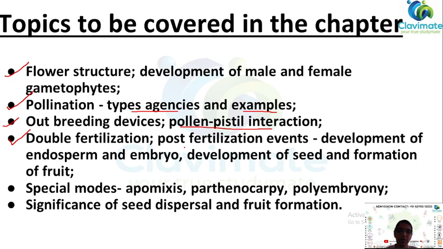Under that we have post fertilization, development of endosperm and embryo, development of seed and formation of fruit. The fifth one is special modes, that is apomixis, parthenocarpy and polyembryony. And the last one is significance of seed dispersal and fruit formation.